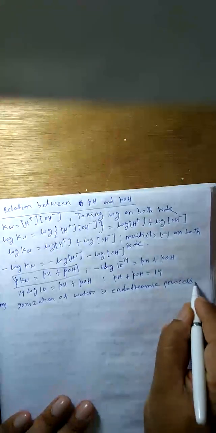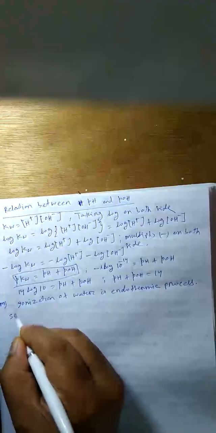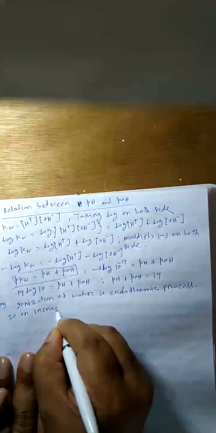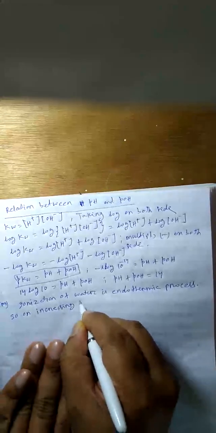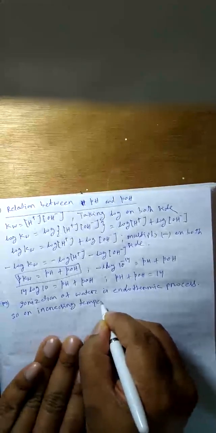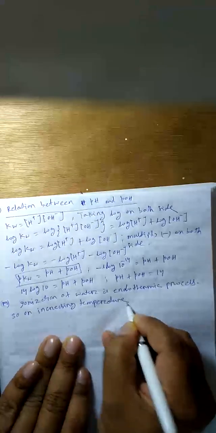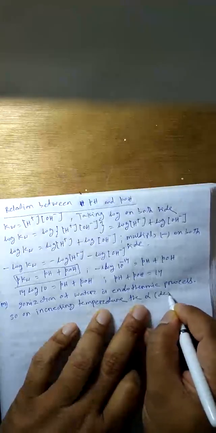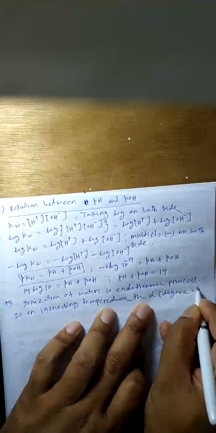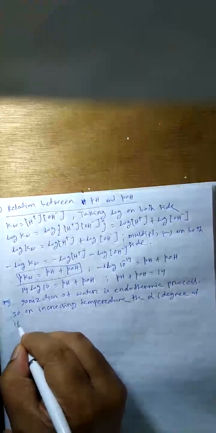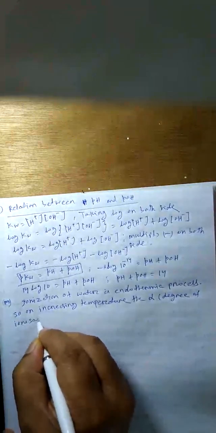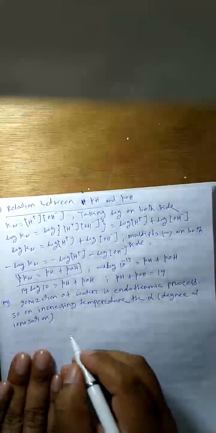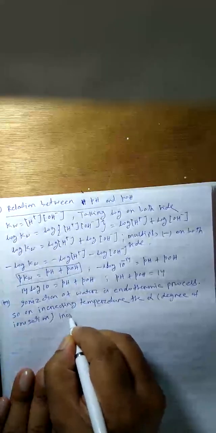So on increasing temperature, the degree of ionization, alpha, also increases.